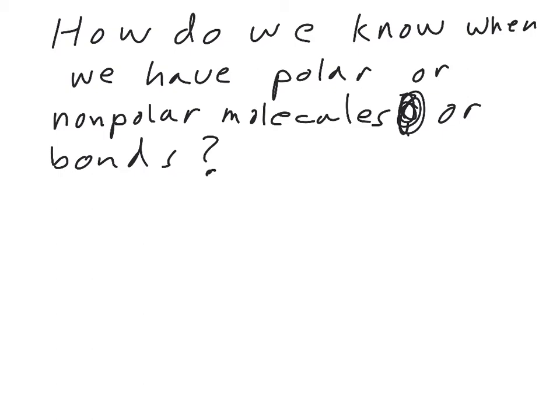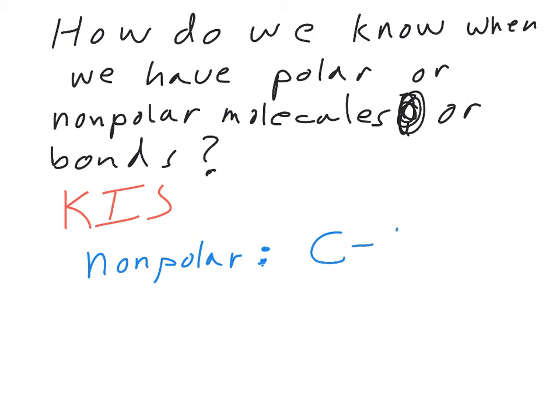This is actually a very, very complex question. We could spend days talking about this, and we could go into great detail about molecular shape. Right now, and I may even go into this in more detail later on in different parts of the course, we're going to follow the KISS principle and keep it simple. We're going to say that we have a nonpolar molecule or a nonpolar bond whenever we have carbon and hydrogen bonded together or an element bonded to itself.